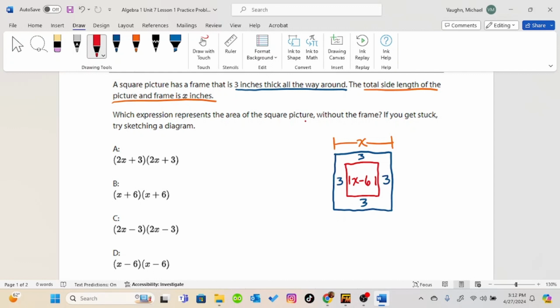That minus 6 comes from subtracting 3 inches off the left and 3 inches off the right. Okay?